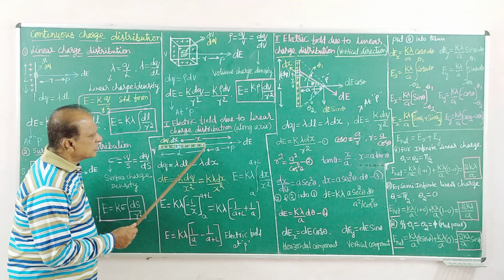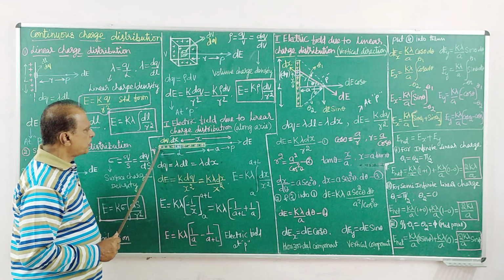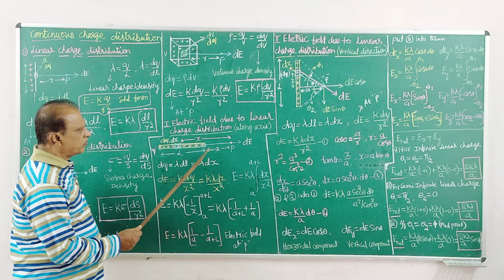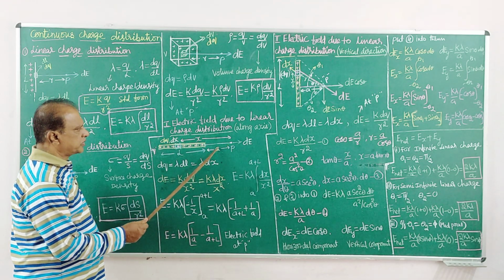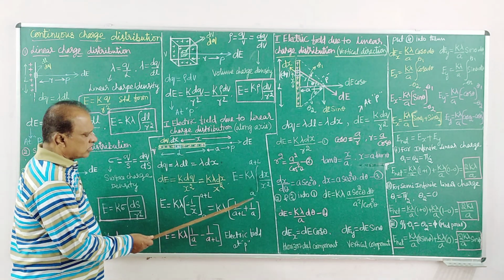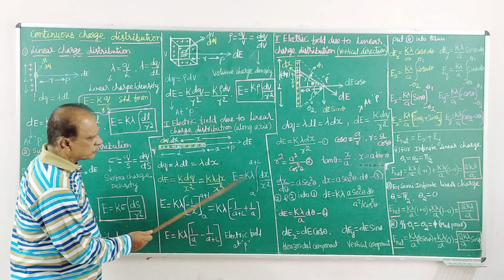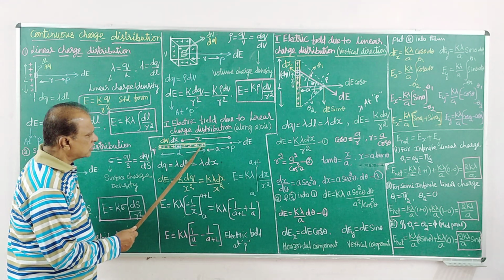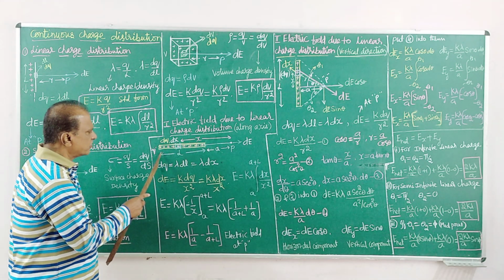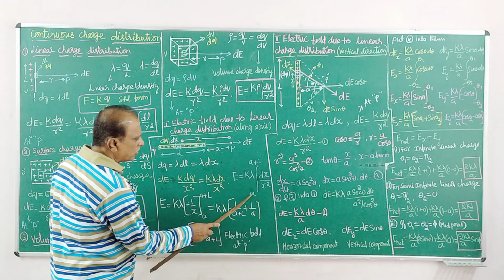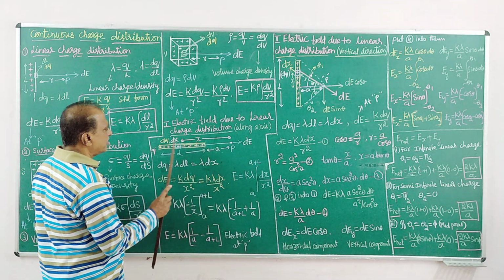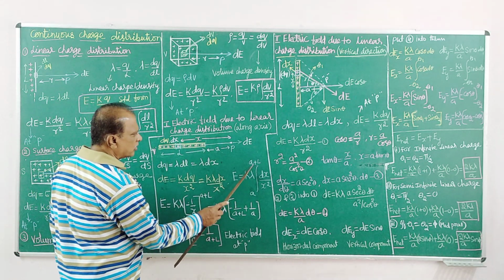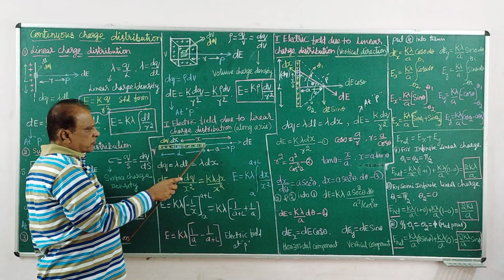The charge commences from this point and ends at this point, and where there are no charges there is only space. So the starting, that is the lower limit, is where the charge commences. The charge amount increases as the length increases from this side, minimum here, maximum here. That is from a to a plus L, that is the variation of charge.